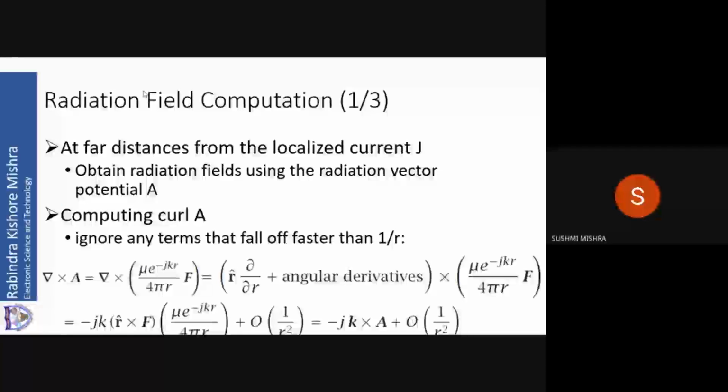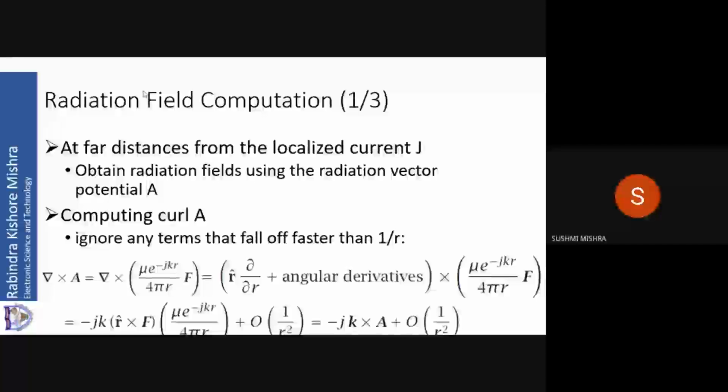Then minus jk into mu e to the power minus jkr by 4 pi r. When I operate it on mu e to the power minus jkr by 4 pi r, there are two terms: mu e to the power minus jkr and 4 pi r. When I operate on minus jkr, I get minus jk into e to the power minus jkr into mu by 4 pi r. So that first term is there.